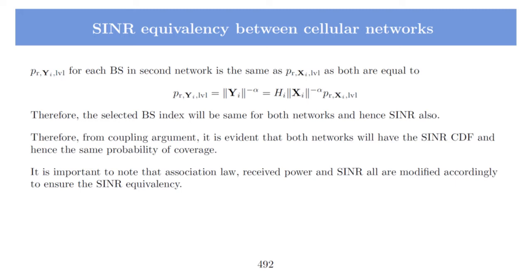Every realization of M2 is connected to a realization in M1 with the same probability, and in that realization the assigner is also the same. So from the coupling argument, you can say if two different processes have connected realizations with the same probability and their assigner is also the same, which means the assigner distribution in both networks will be the same.